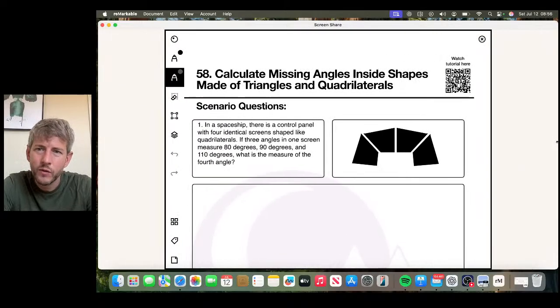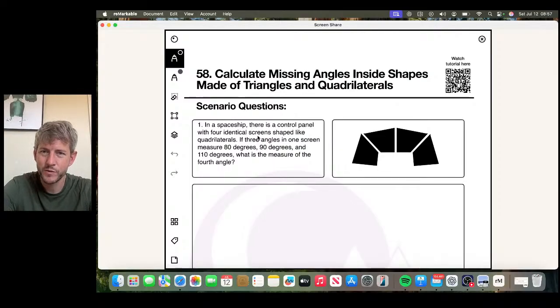Right. Question 1. So, in a spaceship there is a control panel with 4 identical screens shaped like quadrilaterals. If 3 angles in one screen measure 80 degrees, 90 degrees and 110 degrees, what is the measure of the 4th angle?